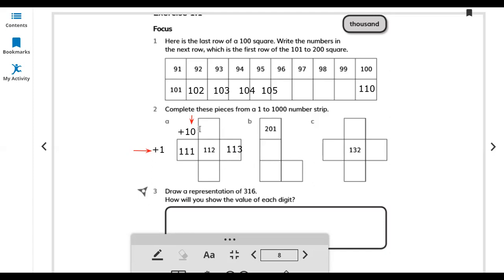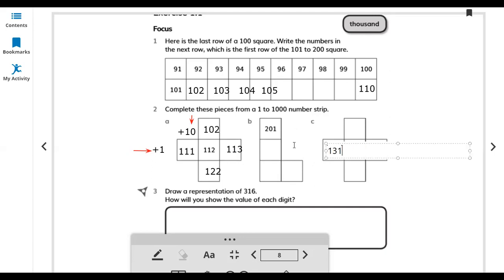So 102, then 112, 112 plus 10, 122. Like this, skip this one. See, 132, so minus 1, 131.